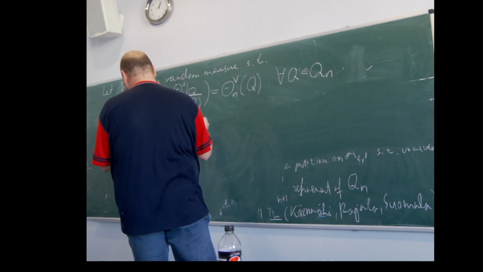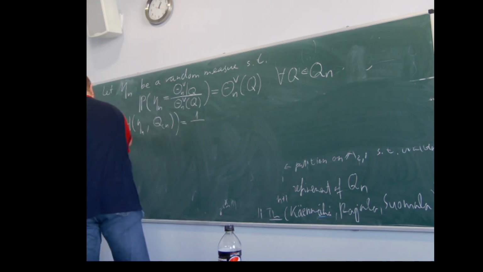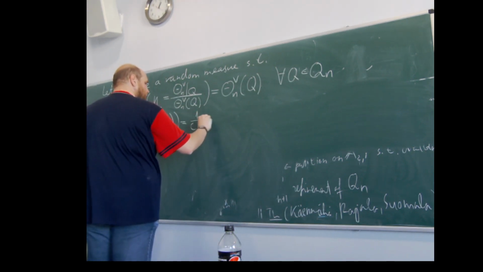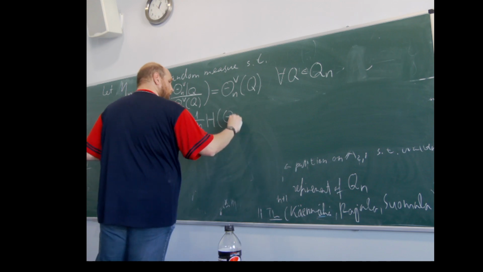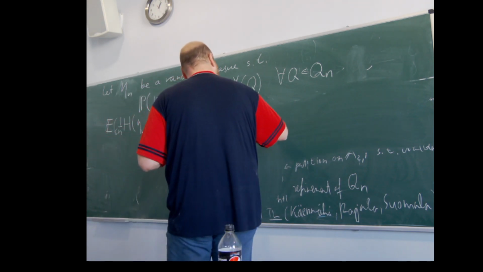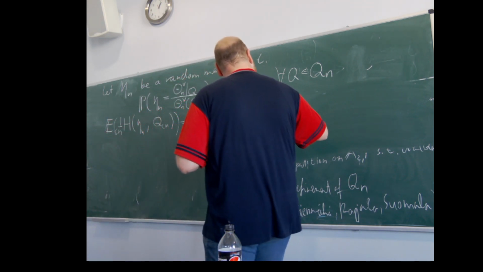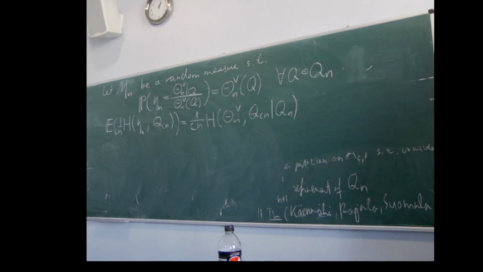Do I need a C here or not? Yes, I do. This is exactly that. Oh, by the way, it should have been divided by C, but it doesn't matter.